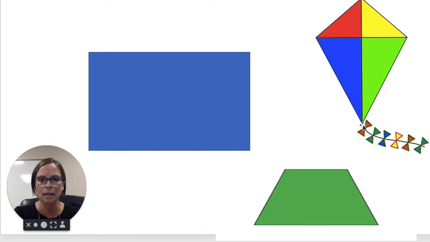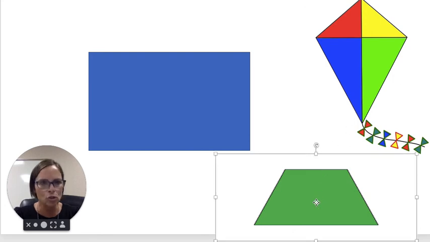That looks the same. Oh, I noticed it too. But the corners don't make that L, do they? So it's not a rectangle. How about this trapezoid? I see 4 sides too, and I see 4 vertices. I saw it too, but the corners don't make that L.